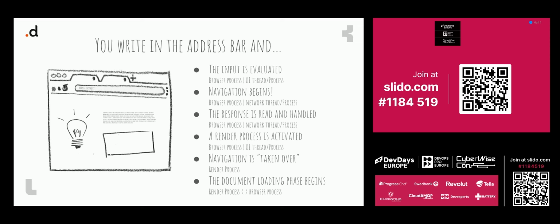Okay, at this point, a render process is activated, and the navigation is taken over by the render process. Finally, the document loading phase begins, and it maintains the dialogue between the render process and the browser process.